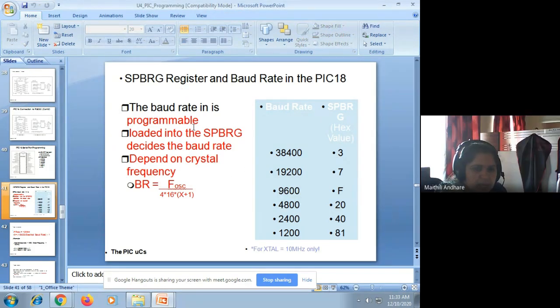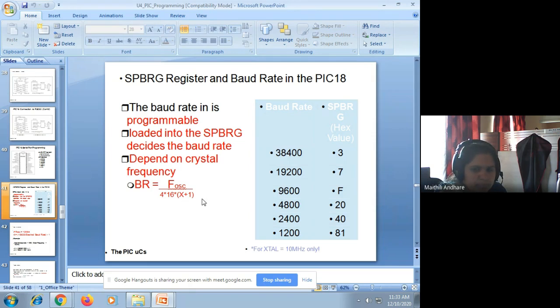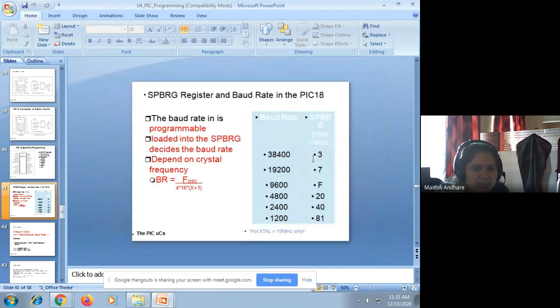Baud rate value. So where do you do the calculation, where do you store that calculation? TCON is the control register, no? You have to search that. I will not tell now.